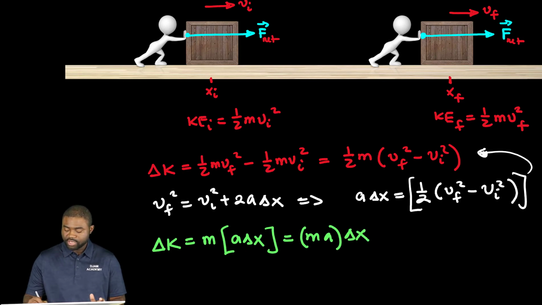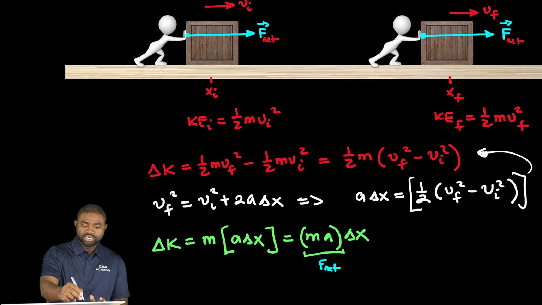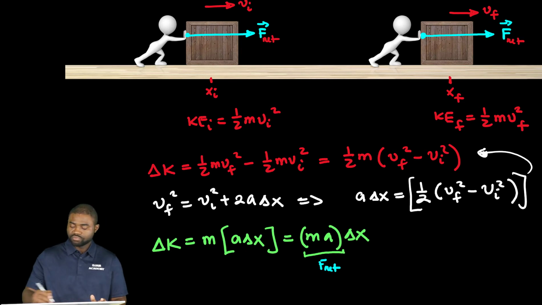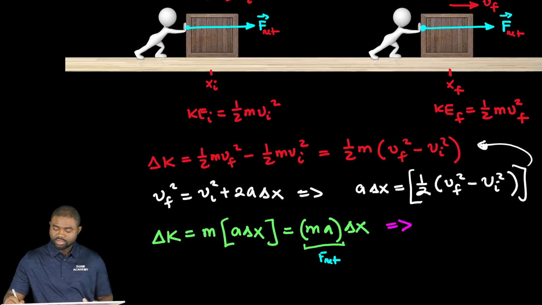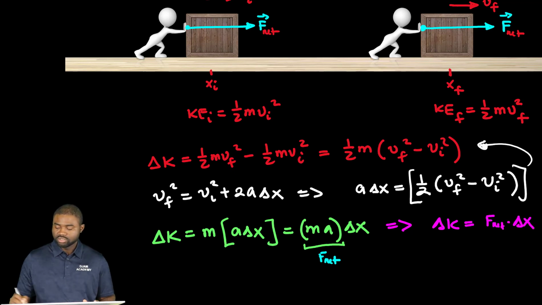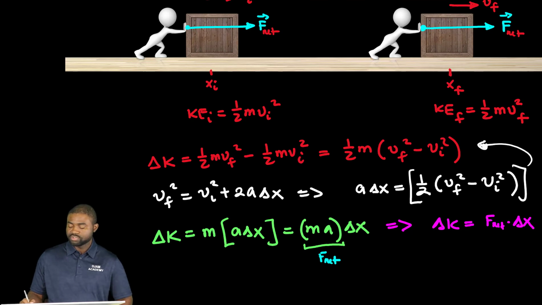Now, what is ma? ma is the net force acting on the object in accordance with Newton's second law of motion. So this essentially means that the change in the kinetic energy will be equal to the net force multiplied by the displacement covered.